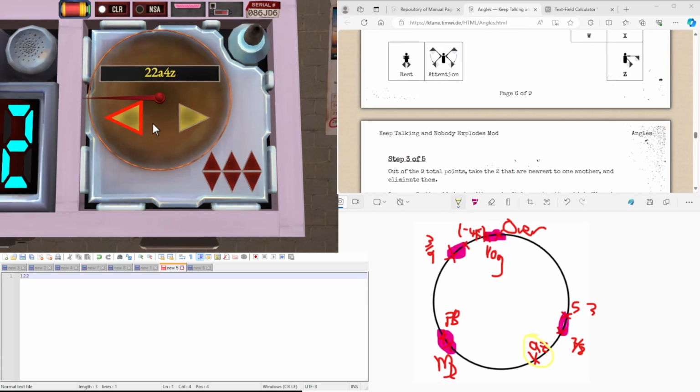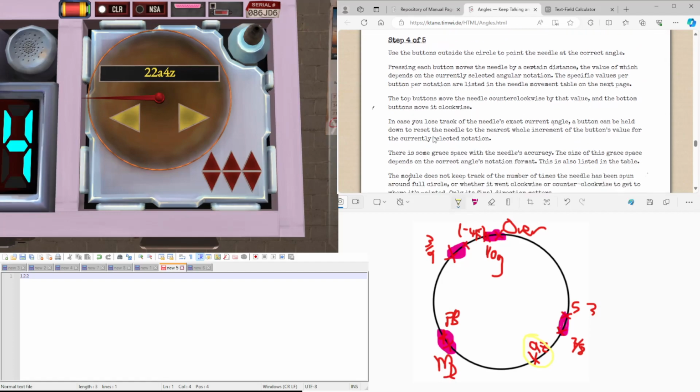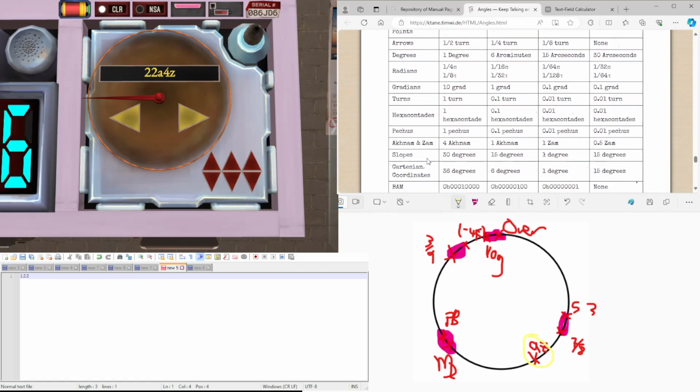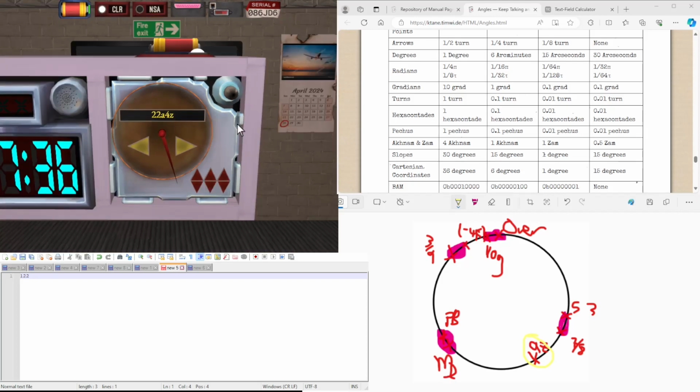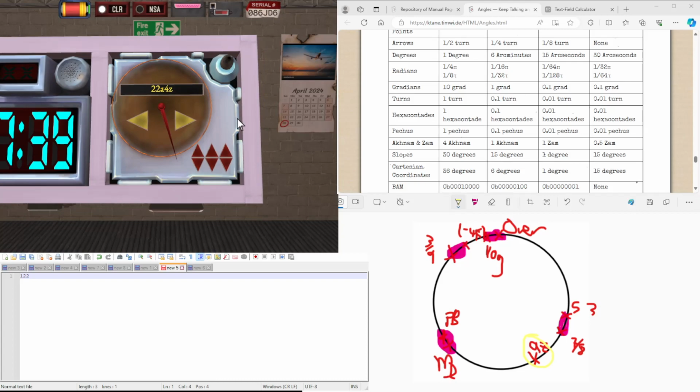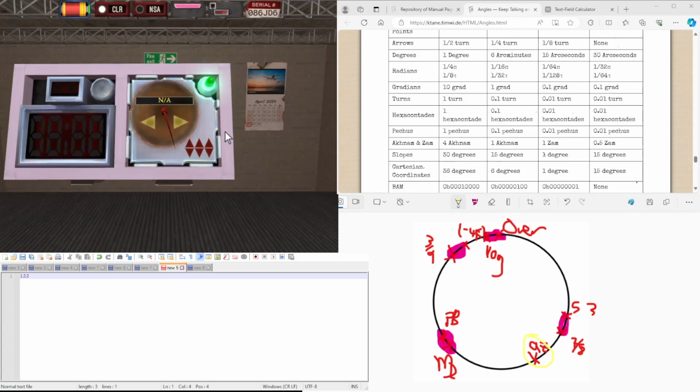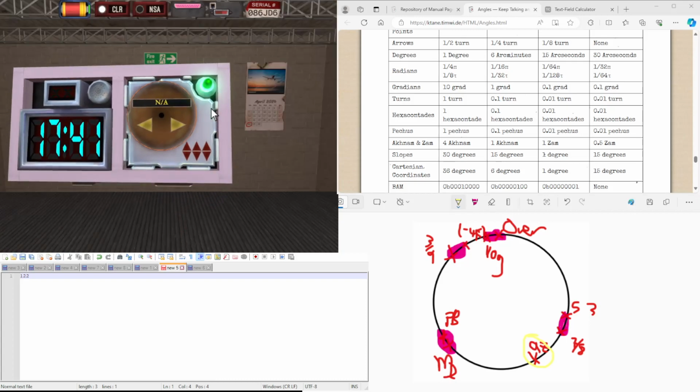You need to go 22, so that's 4, 8, 12, 16, 20, 21, 22, 1, 2, 3, 4. So hopefully, if we have got the right coordinate, then we get that module.